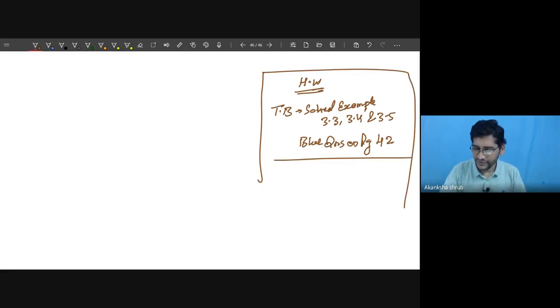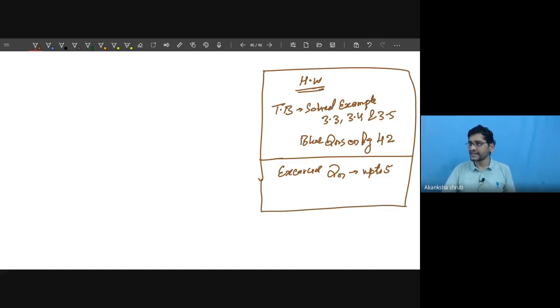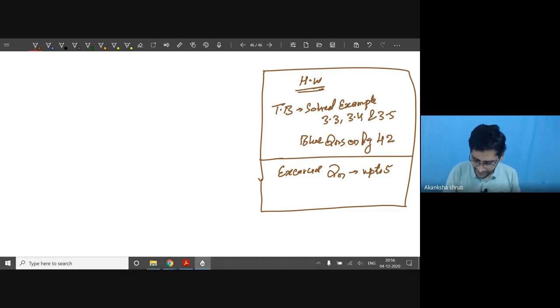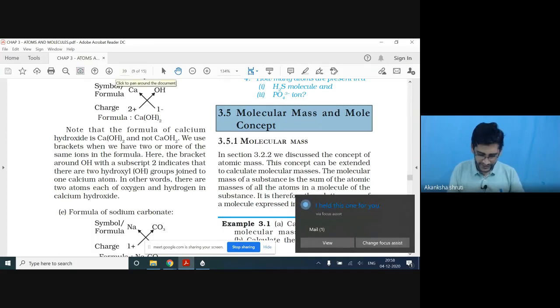Then if you can get the time, please do the exercise questions also. If it becomes too heavy, then at least up to 5. Please do. Tomorrow we will discuss the doubts and we will solve or answer all these questions. If we finish that, then we will go to the next chapter. If we could not, then we will continue with this chapter itself.